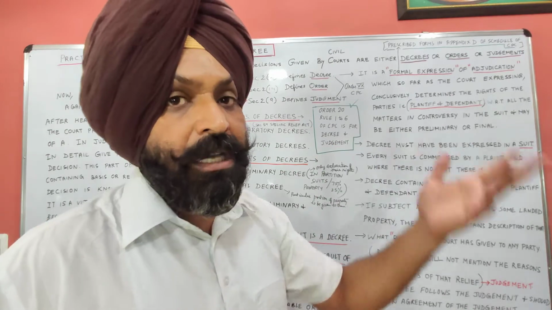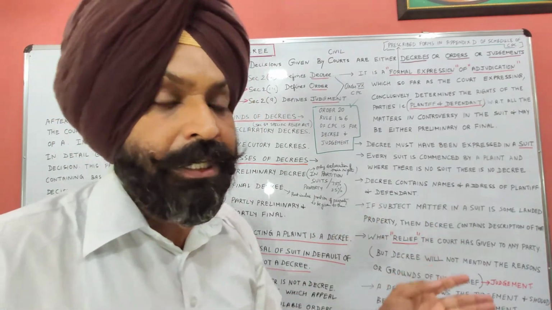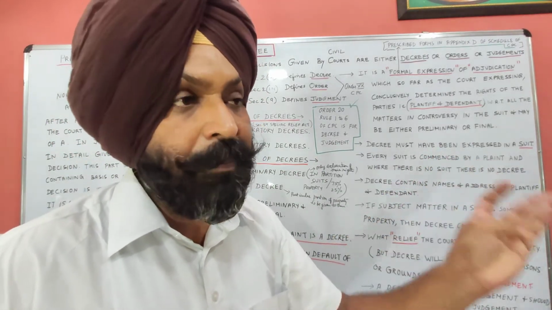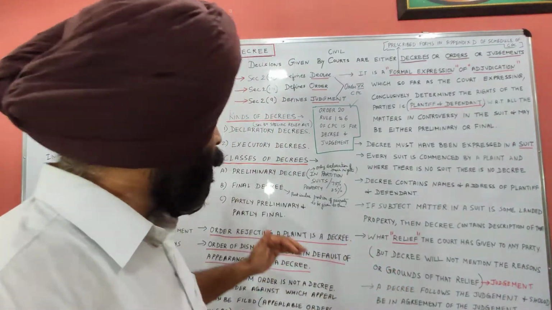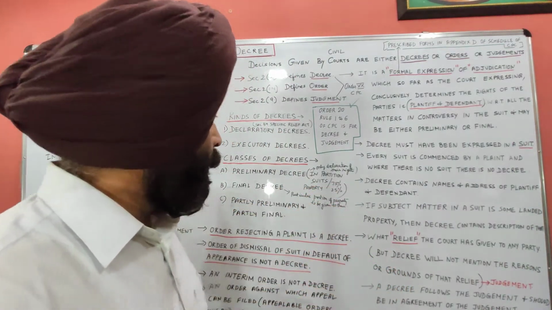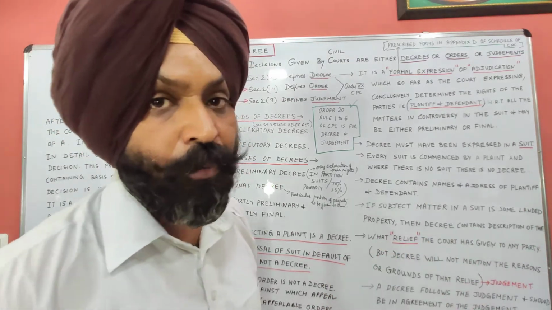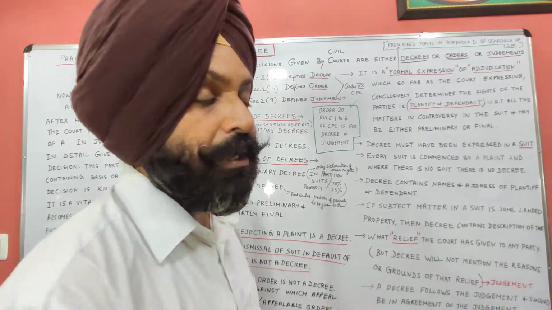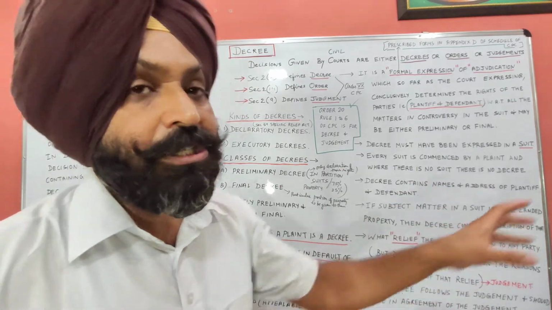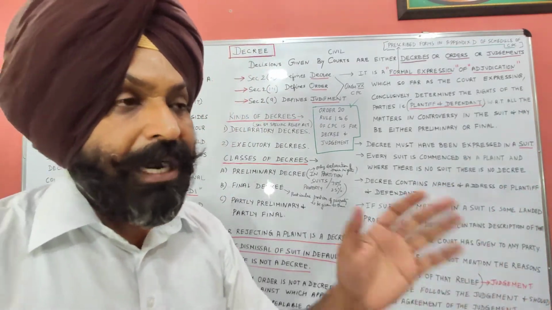Brother A files a partition suit, and the defendants are brothers B, C and D. The plaintiff claims 50% of the property. The other 50% is claimed by the other three brothers.